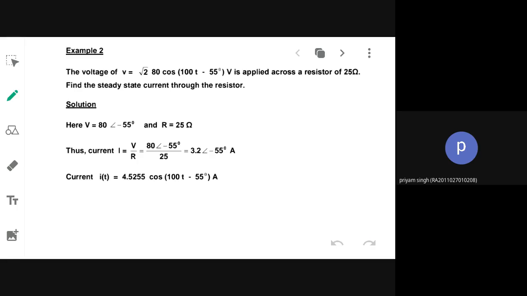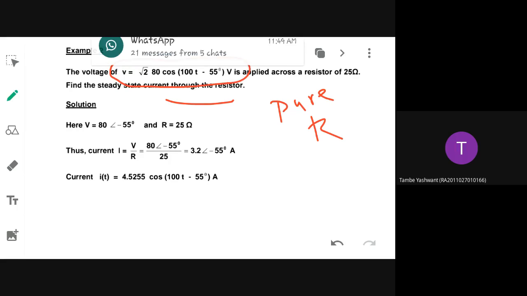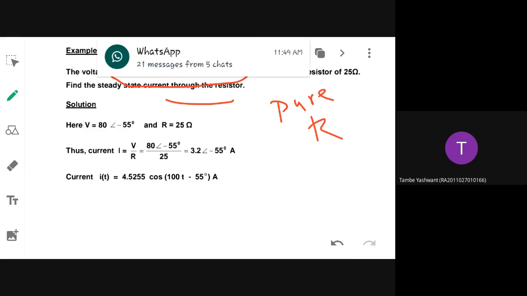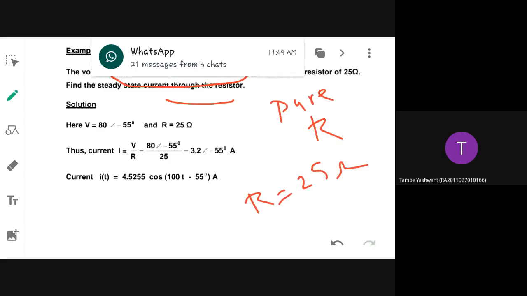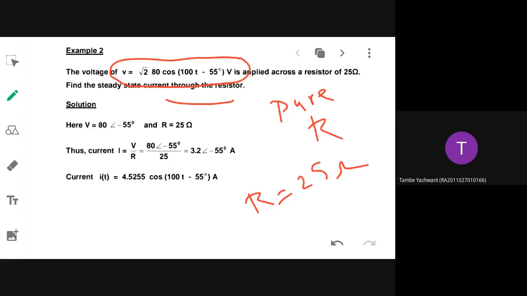Yes, purely resistive is correct. Other than that, what are the other things that are given in the problem? There is a voltage equation that is given, and the resistance value is also given. Resistance is 25 ohm they have given. What is being asked to find? They asked you to find steady state current, I. So how will you proceed?